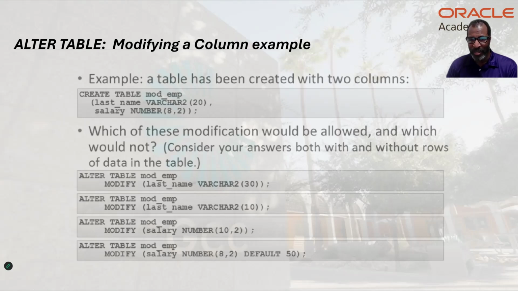So let's just say there's no data in this mod imp. Which of these 1 through 4 would be allowed?